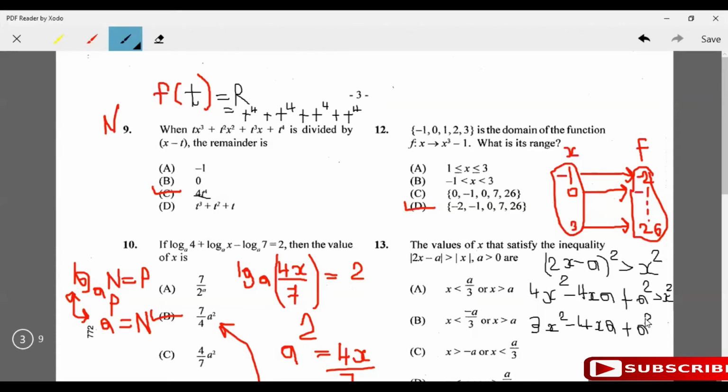So now what we end up with is a quadratic inequality. So all you have to do is factorize first and foremost, when it is greater than 0. That's the first step. We're going to factorize 3x squared, which can be factorized as 3x times x.